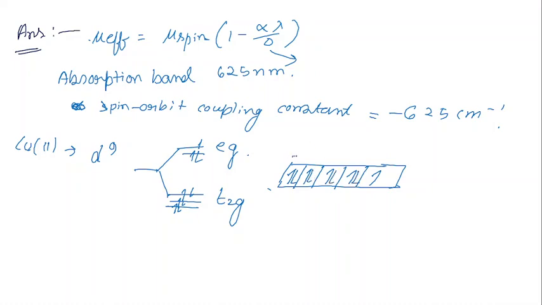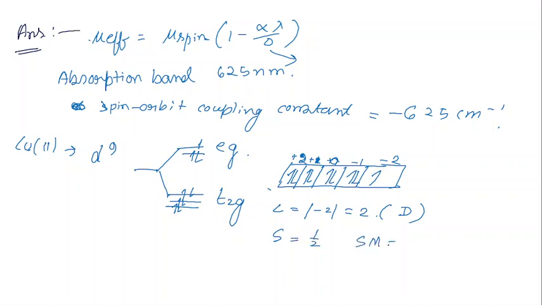Plus 3, plus 2, plus 1, plus 2, plus 1, 0, minus 1, minus 2. So the value of L will be 2, so the symbol will be D, and S will be half.